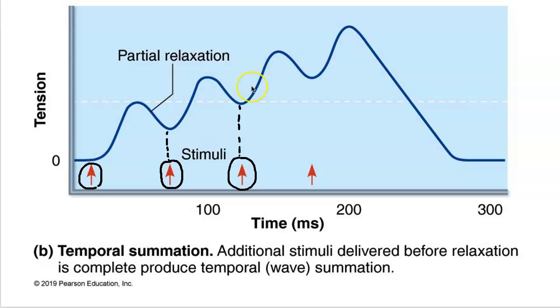Yes, it does respond, and the tension being produced is even greater. This is a phenomenon known as temporal summation. It's also known as wave summation, and it shows us that if the muscle is given another stimulus prior to full relaxation being achieved, it will still respond.